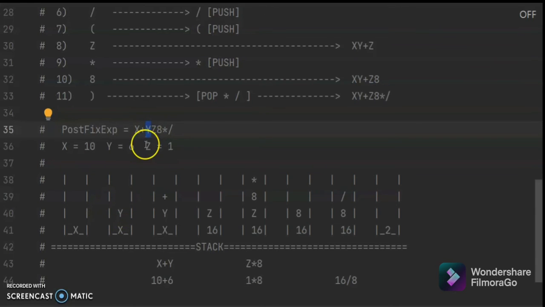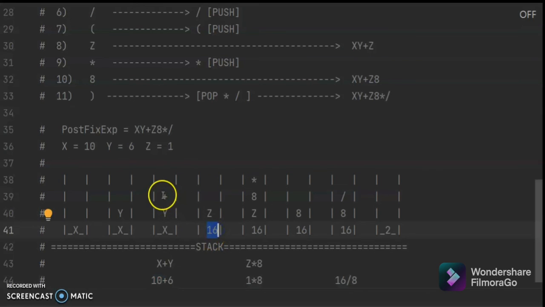If you find an operator, immediately, because for these two operands I found an operator, it will pop out x and y, so 10 plus 6, 16 it will calculate and push inside. So 16 is the value.